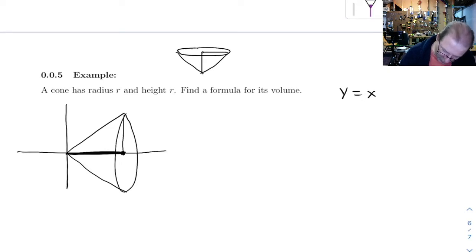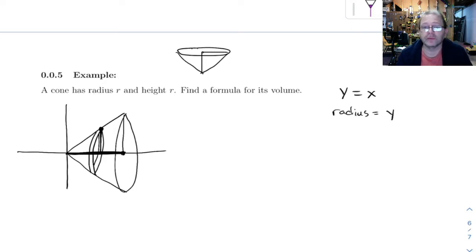All right, so if I draw in a band here, it's going to look like this. I'm going to draw it in really thin. So we've got a band there, and the radius of the thing on this one is going to be y. But of course, y equals x, so we can use y or x there.